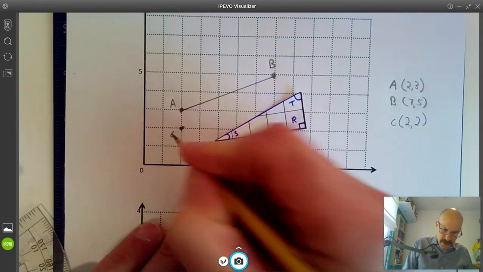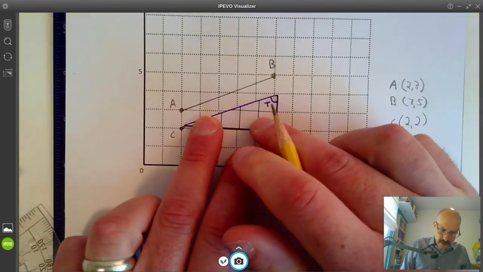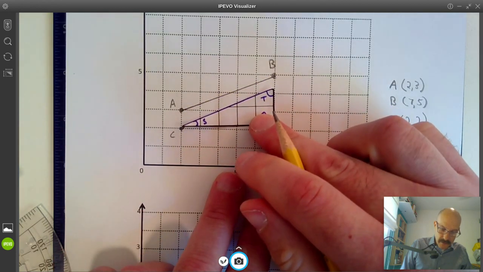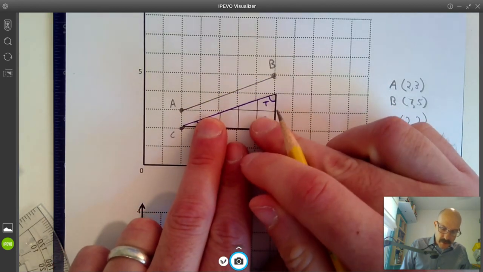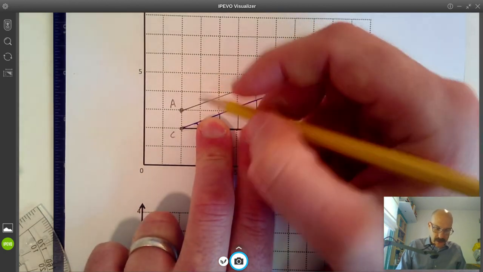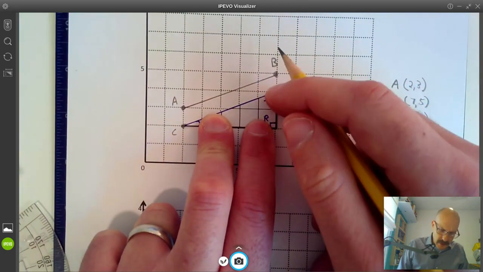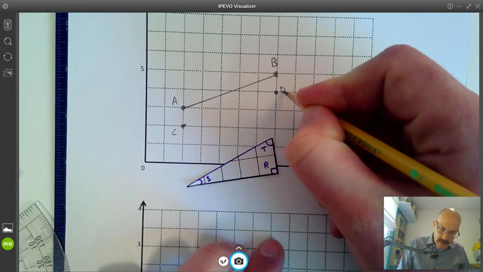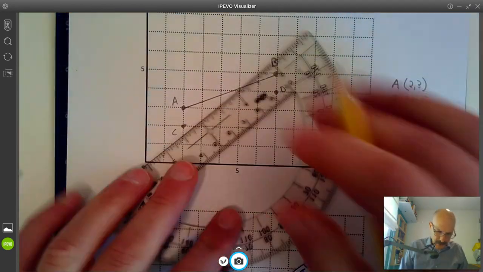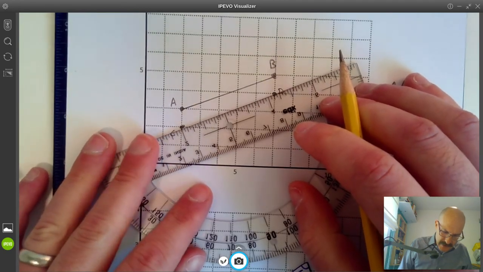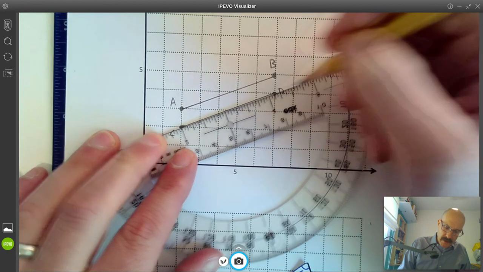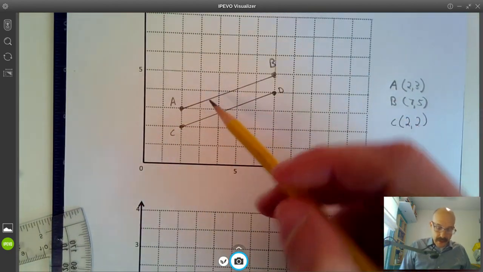So that's point C. And all I've done is moved my right triangle down 1. So it's going to give me a C point and a D point. And you can see that that line segment is parallel to the line AB.